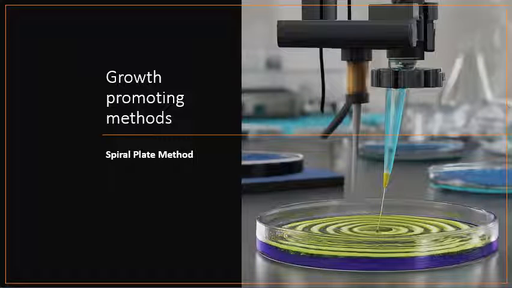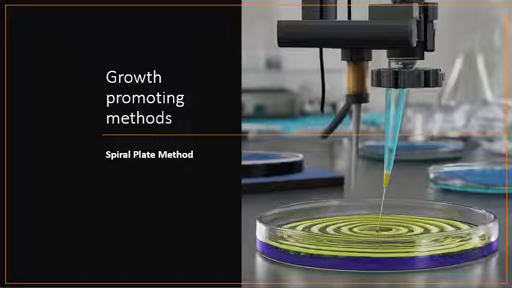The third method is called the spiral plate method. It's a wonderful technique that is used in microbiology to enumerate or count the number of viable bacteria, just like we did for the two methods, from a liquid sample, usually from the broth.